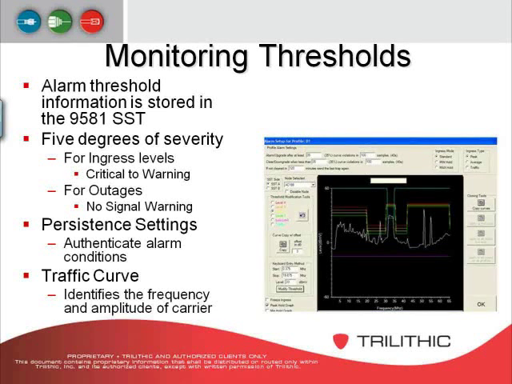For outages, there's a no signal warning. Persistent settings authenticate alarm conditions, and then the traffic curves identify the frequency and amplitude of the carrier.